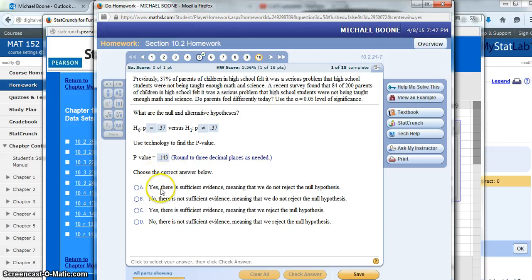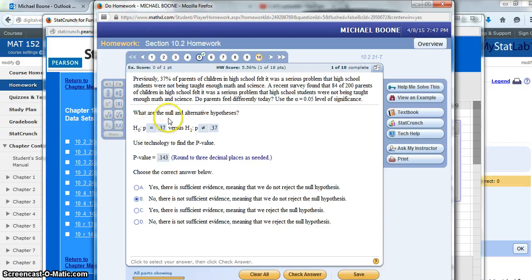So no, there is not sufficient evidence, meaning that we do not reject the null hypothesis. So that's the one that we're looking. There's not sufficient evidence for us to reject the null hypothesis.